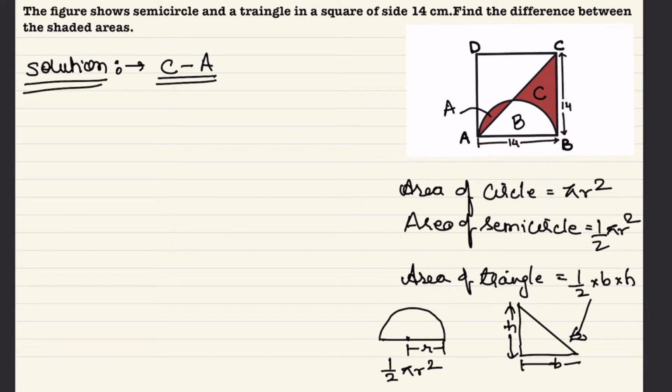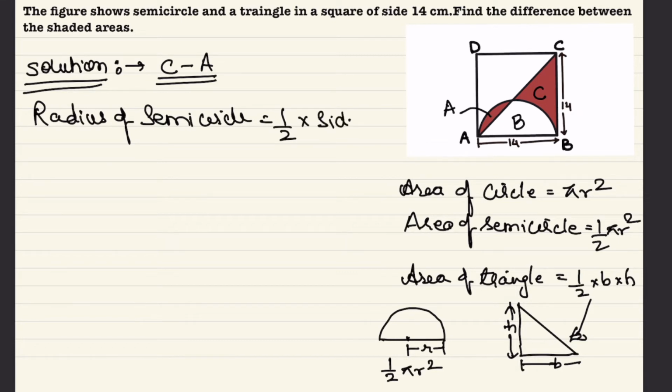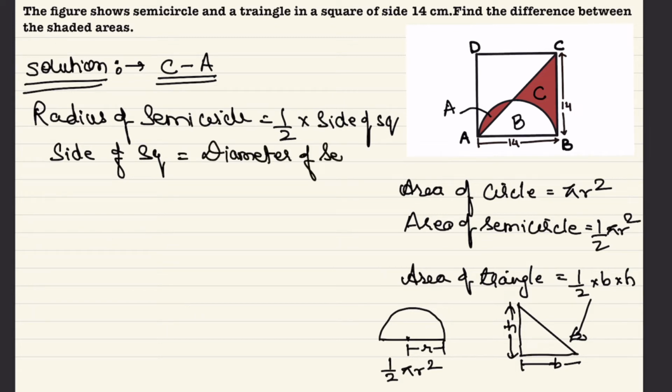Now, the radius of the semicircle will be half of the side of the square, because the side of the square will be the diameter of the semicircle.